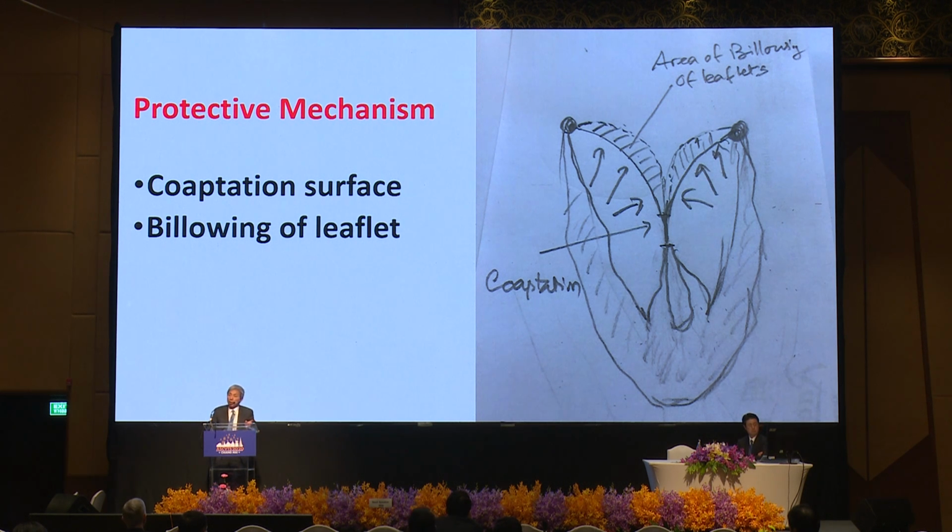Coaptation is the key, as has been well documented by Professor Carpentier. And also the billowing of the leaflet, when it's bowing up, further absorbs the tension upon the primary cord. And that is why restoration of the pliability of the leaflets is one of the keys, and peeling comes into play in order to provide better pliability of the leaflet.